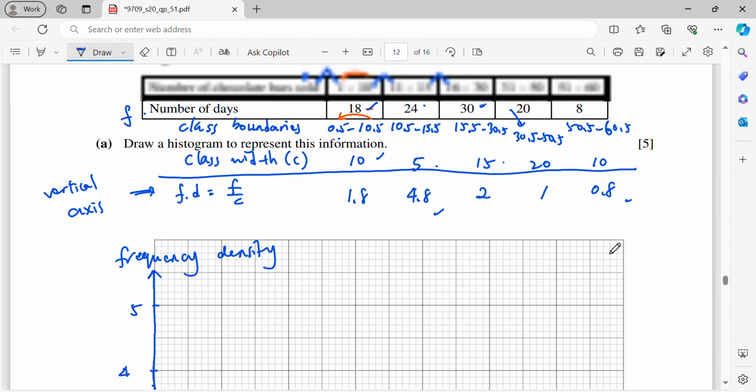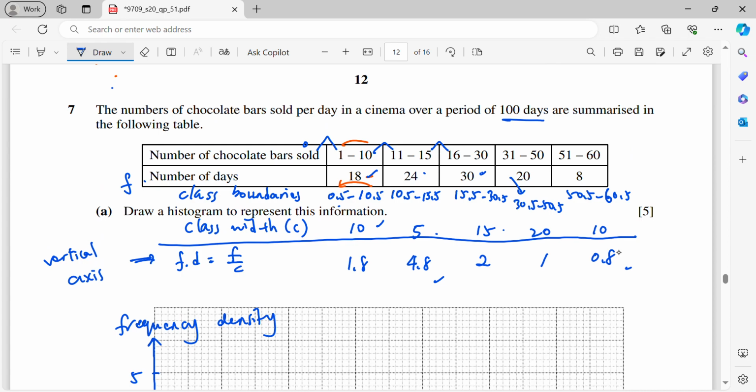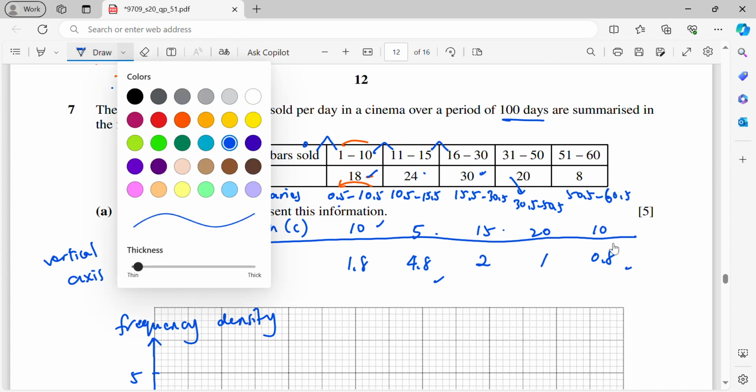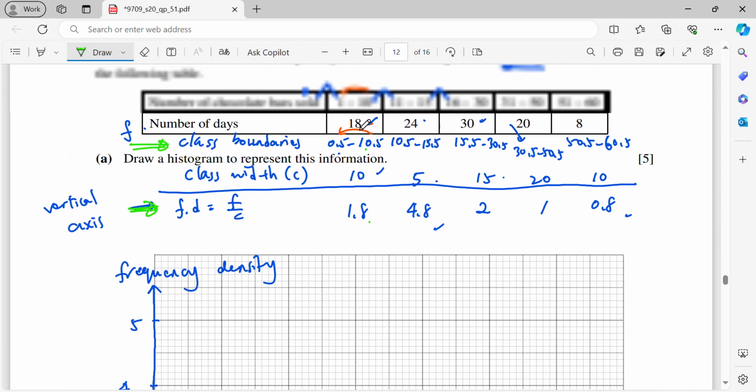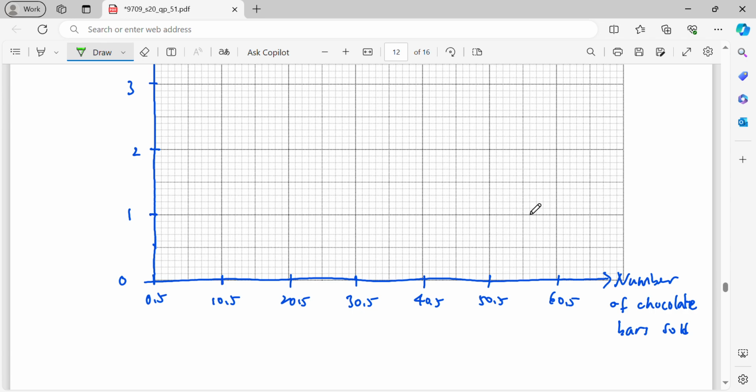Now you can sketch the histogram. For the first class, I'm referring to this together with the corresponding vertical axis. First class is 0.5 to 10.5, 1.8. That means it's over here.